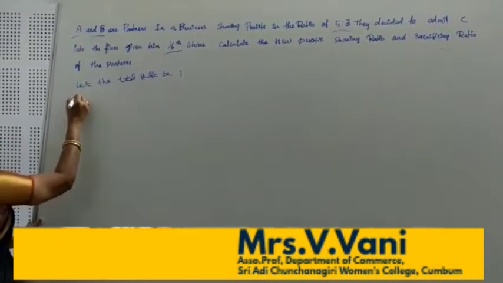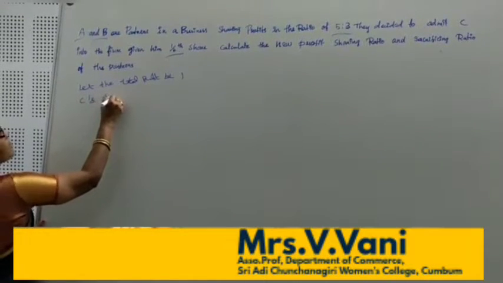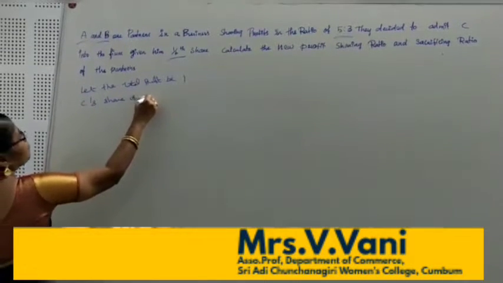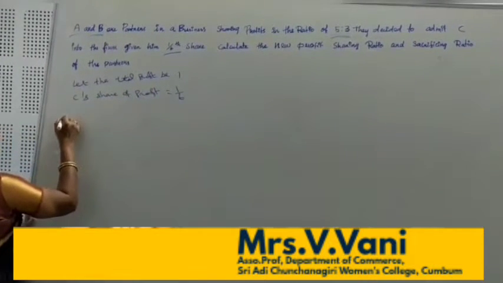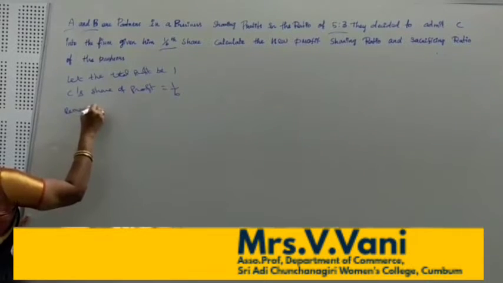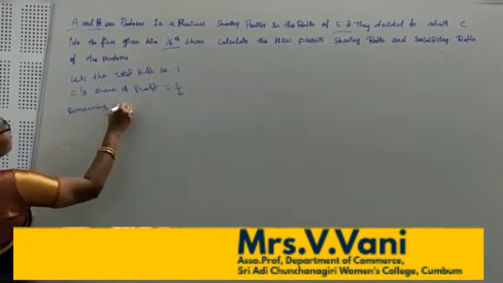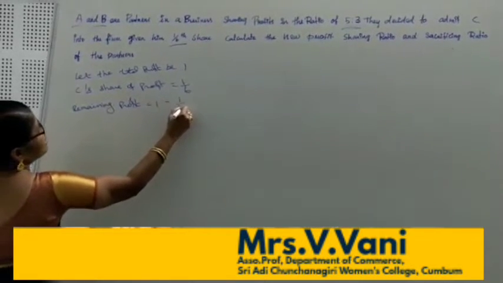Out of the total profit, C as a newcoming partner, C's share of profit is 1/6. Therefore, the remaining profit is 1 minus 1/6.